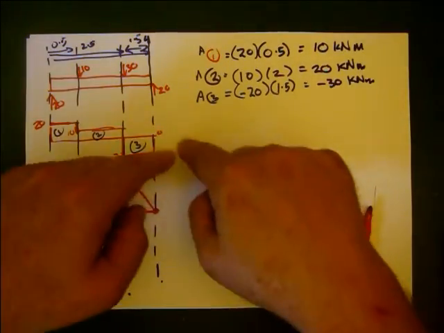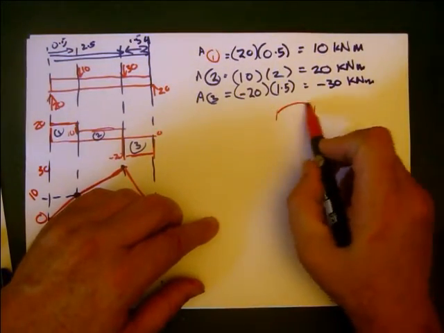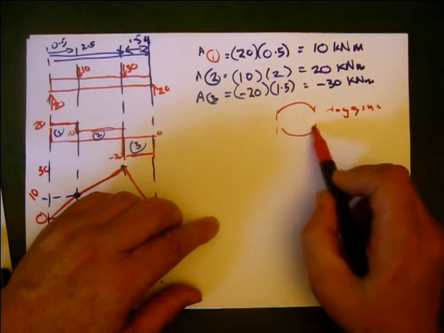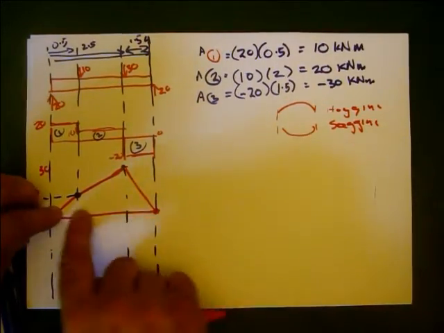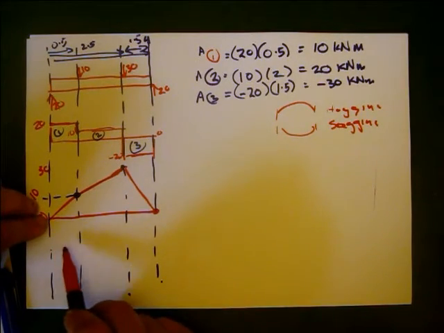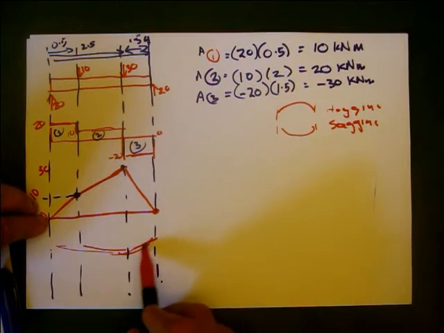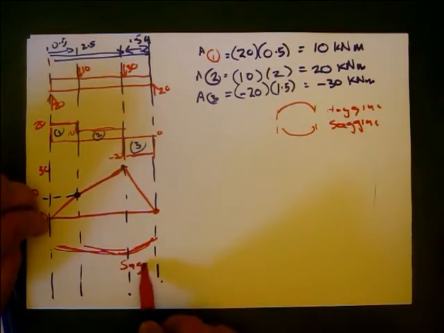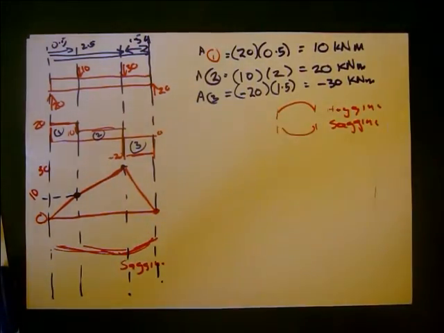Sagging means as it goes along, it hangs underneath. So basically, this is hogging, this is sagging. And what's going to happen is it's going to be exactly opposite to this. So as we go along, this beam is going to sag the most at this point here, and that's going to be where the maximum moment is, the maximum stress.